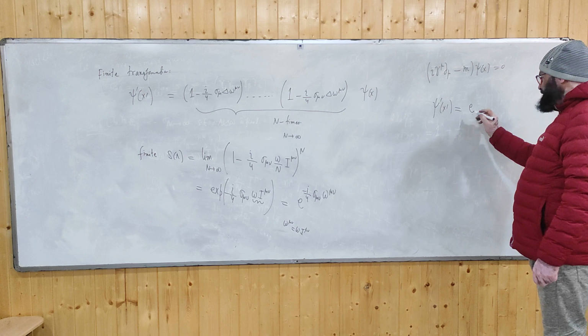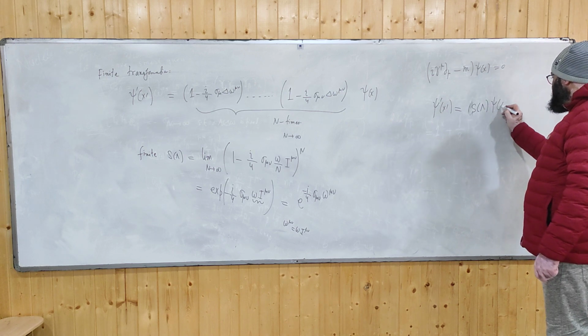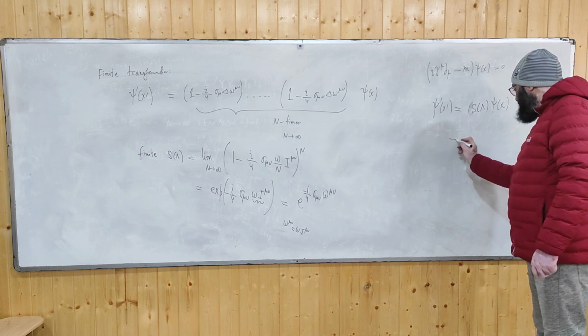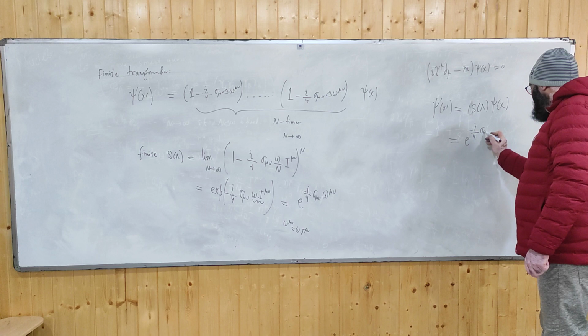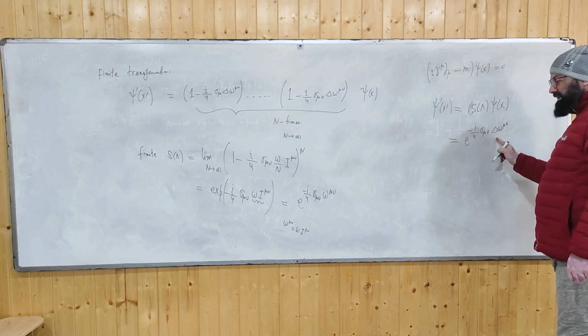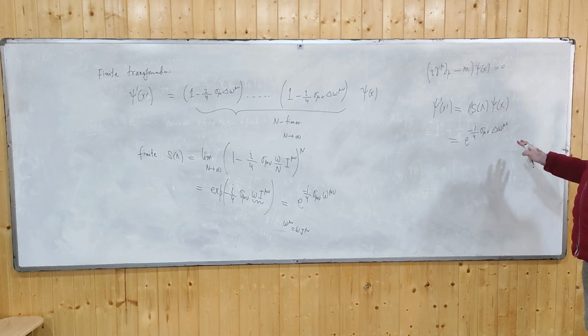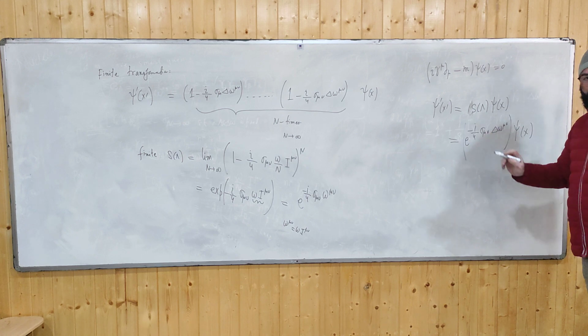Let me write that as S of lambda psi of x, where S of lambda is equal to e raised to the power minus i by 4 sigma mu nu delta omega. So it is a finite delta, so it's not infinitesimal, it is finite here. I will be using this delta omega. Clear? You got it?